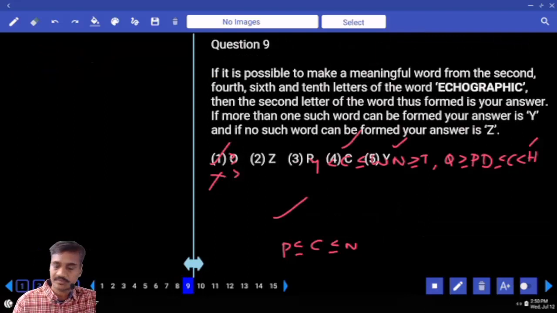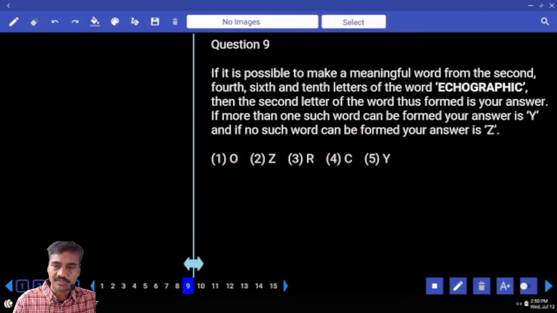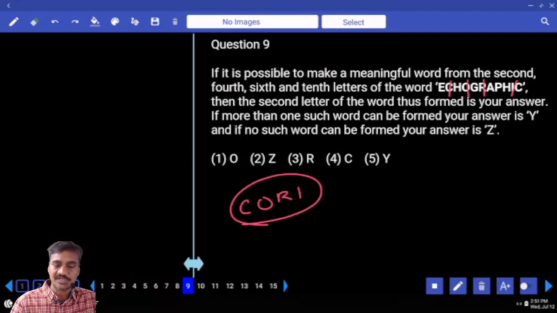The 9th one, word formation. Now 2, 4, 6, 7, 8, 9, 10. What are the letters we have? C-O-R-I. Tell me what is the word that can be formed? Choir. C-O-I-R, choir is the word that can be formed. And choir is nothing but the output of these threads, isn't it?